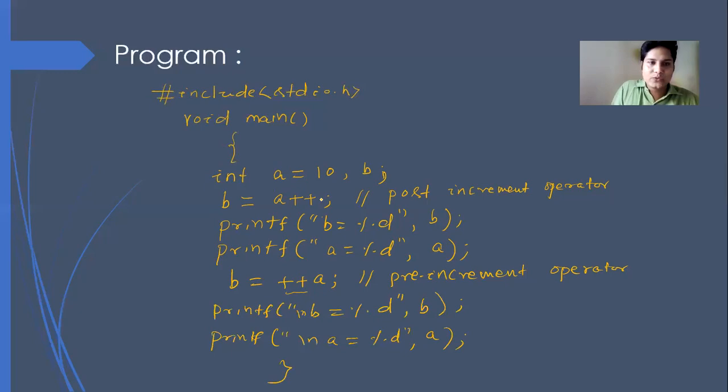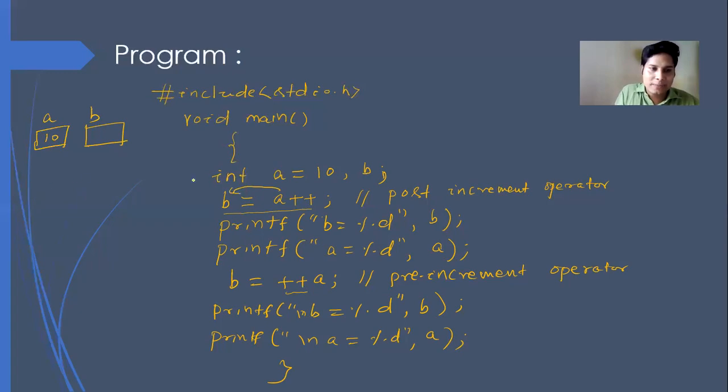So let's see, when these variables are declared, a will be reserved in memory and it will contain 10, and b will reserve 2 bytes in memory. What happens when this statement is executed, b = a++? This is a post-increment operator. It means the value of a will be assigned to b first, and after that the value of a will be incremented.